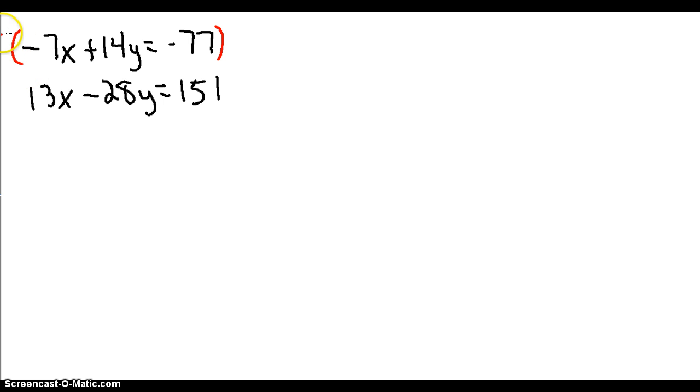And what I'm going to do is multiply the first equation by 2. That should achieve that. Okay, so when I multiply everything in the first equation by 2, I get negative 14x plus 28y equals negative 154.